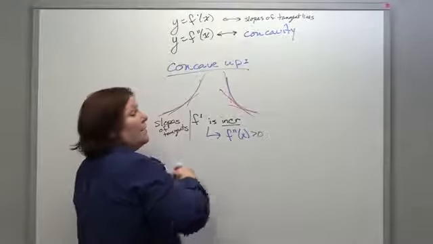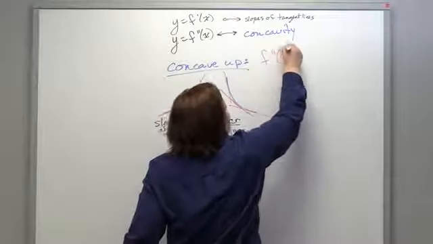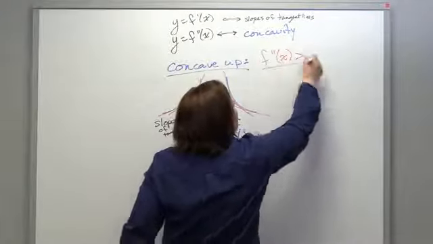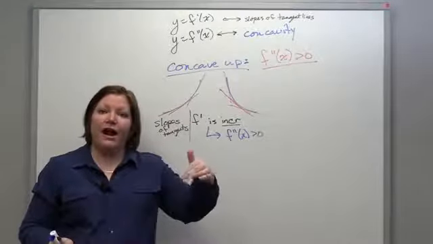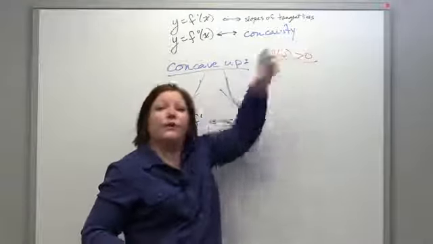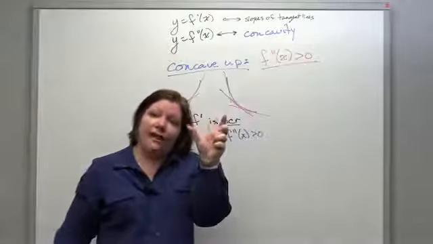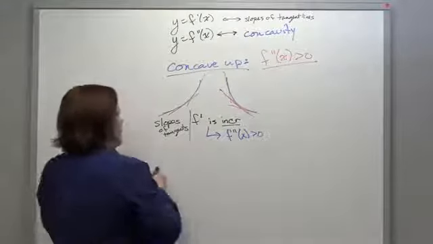So concave up gives us information that f double prime is positive. On the flip side, if f double prime is positive, we know that the graph is concave up on that part.